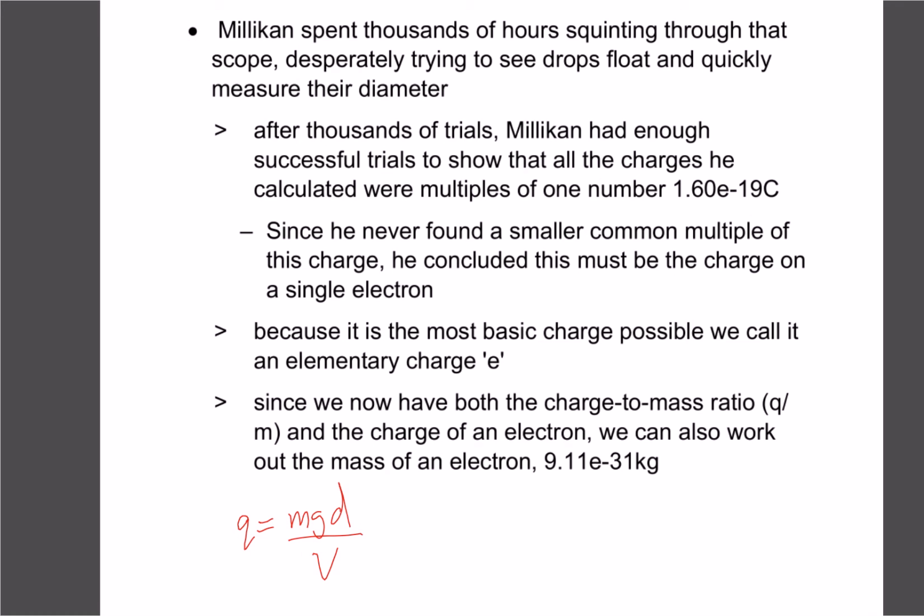The smallest droplet and smallest voltage gave 1.6 times 10 to the negative 19. A bigger, heavier droplet with bigger voltage might be 2 electrons, so 3.2, or 4, or 10, or 100 electrons, whatever.